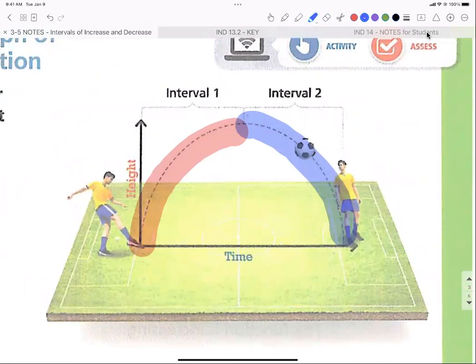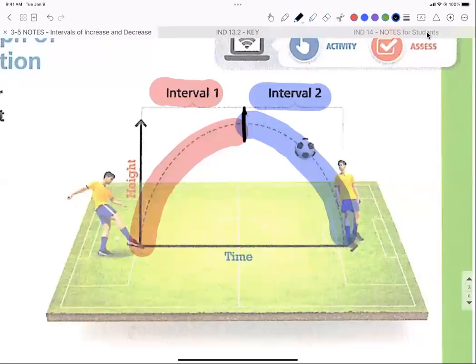And you always read left to right, whether it's straight or whether it's curved or whether it's a little bit of both or whether it's squiggly lined. Just look at each interval. How did I know? Well, besides the fact that they told us that this was an interval and this was an interval, it's because that's where something changed, right? That middle part right here, this is where something changed. That makes the red one an interval.